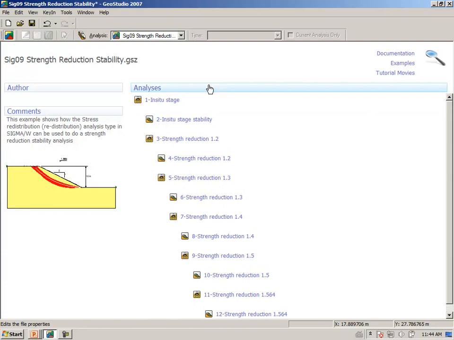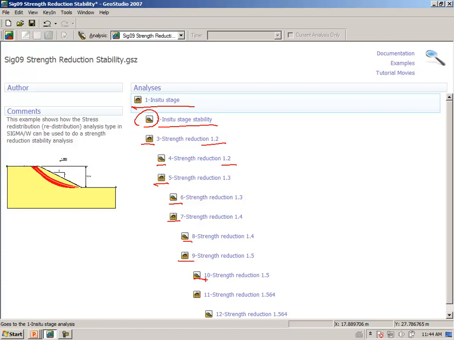To begin with, we set up the state of stress in the ground for the natural slope, so to speak, and then we use SLOPE/W to compute a factor of safety before any strength reduction. Then a SIGMA analysis with a strength reduction, and then a SLOPE analysis with the same strength reduction. And so SIGMA, SLOPE, SIGMA, SLOPE, SIGMA, SLOPE, and then finally SIGMA and SLOPE.